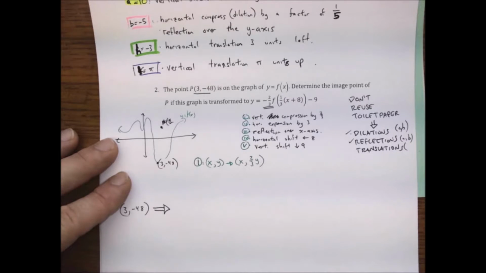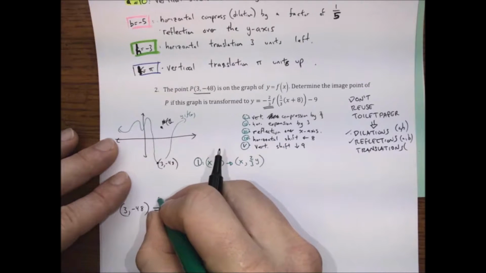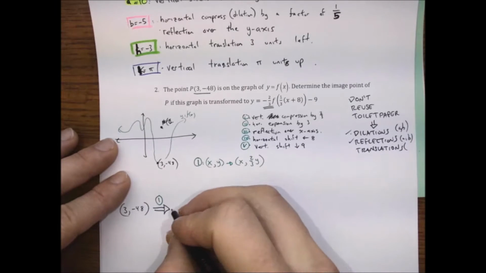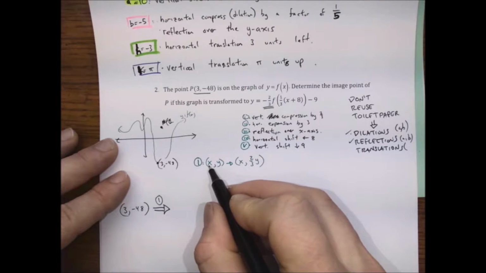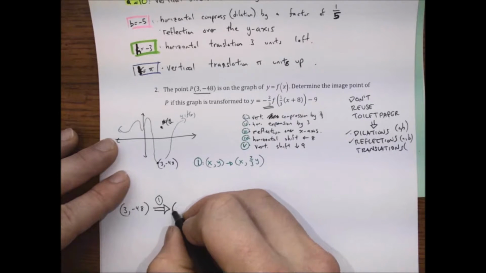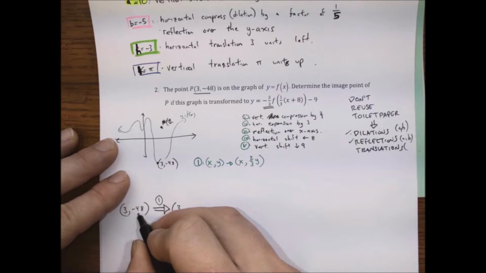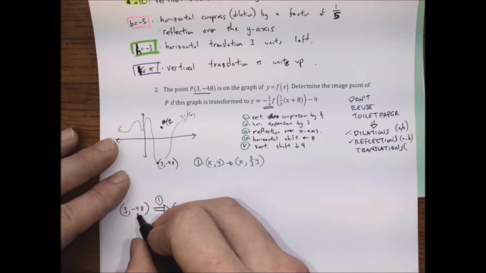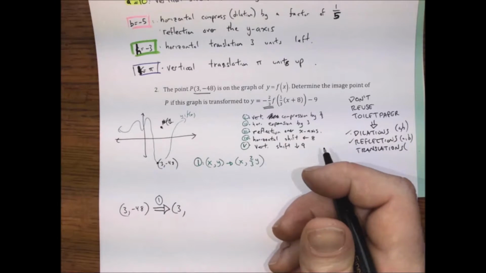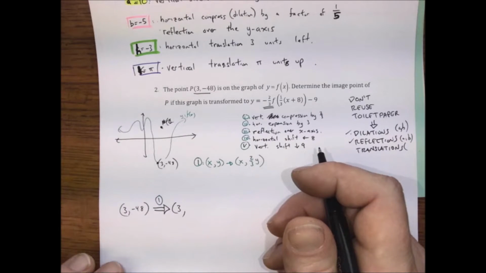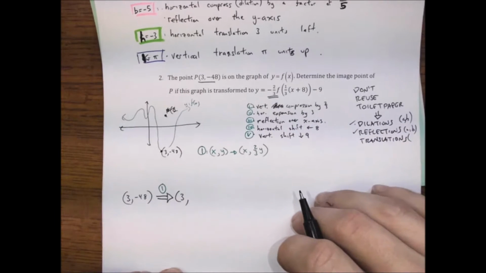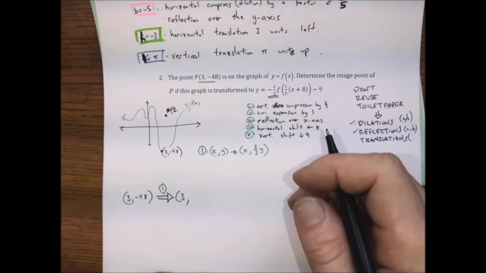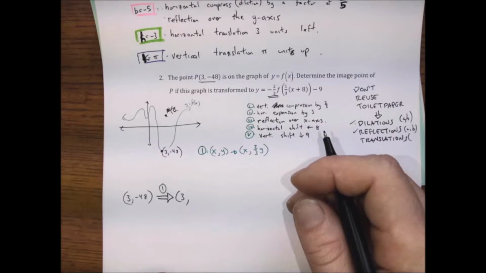Then I undergo transformation 1, which means it looks like I keep my x the same, but my y value is going to become 2/3 of the y value it currently is. Now, 2/3 of -48 is -32.